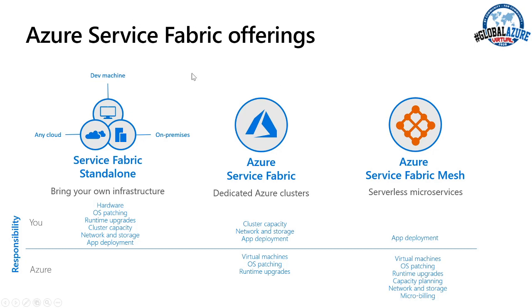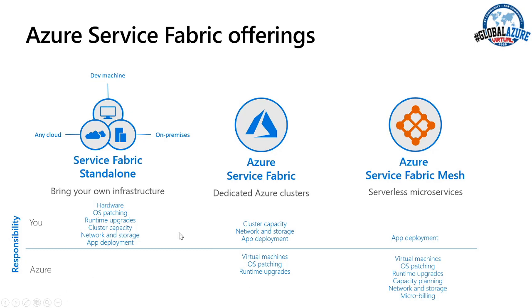And here we can see what Azure Service Fabric can offer for us to bring the infrastructure. Here we talk about Service Fabric standalone. Here we talk about clustering, Service Fabric dedicated to Azure clusters, and we have more options in routing, and we talk about Azure Service Fabric Mesh used for serverless microservices too.